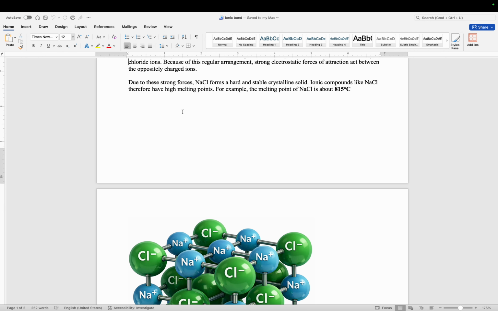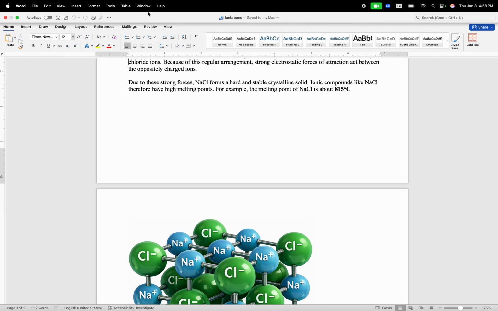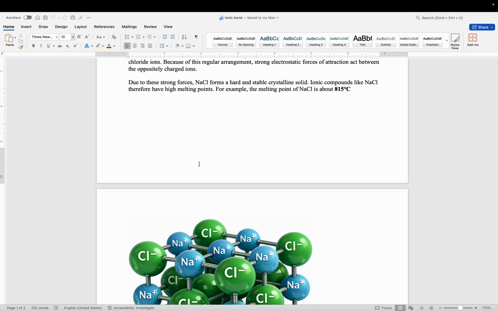Second property, ionic compounds in solid state are not good conductors, but in liquid state, or when dissolved in water, the ions get free from one another. Ions are mobile in aqueous solution.